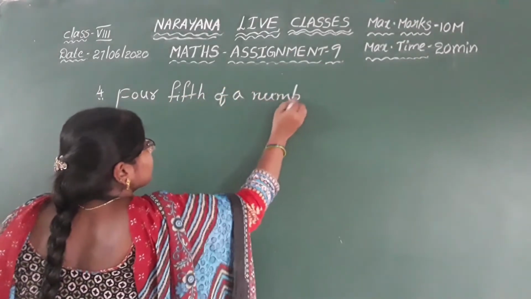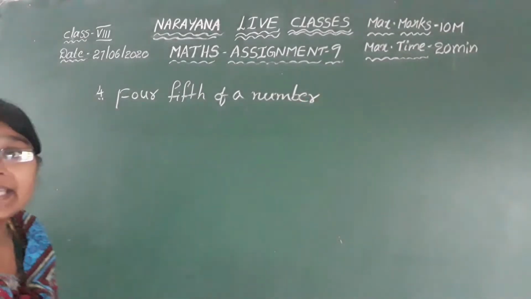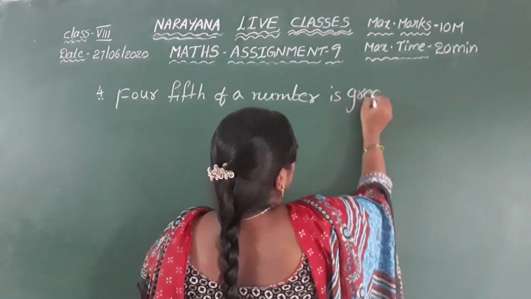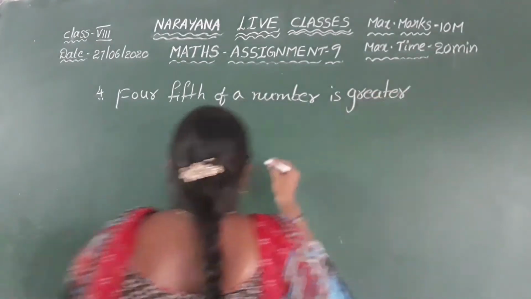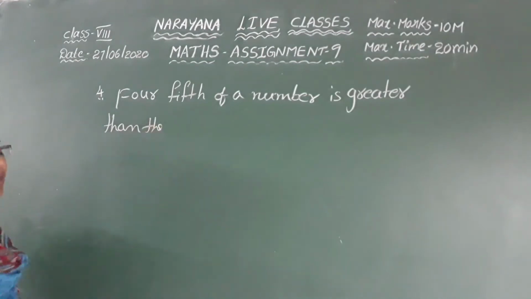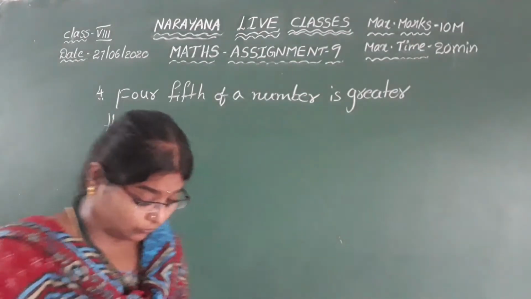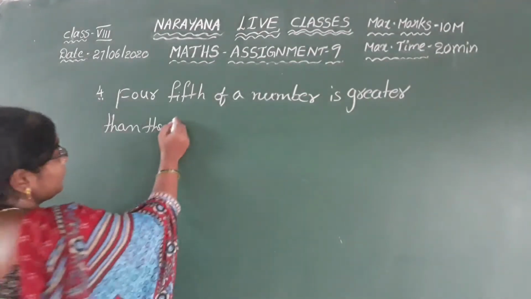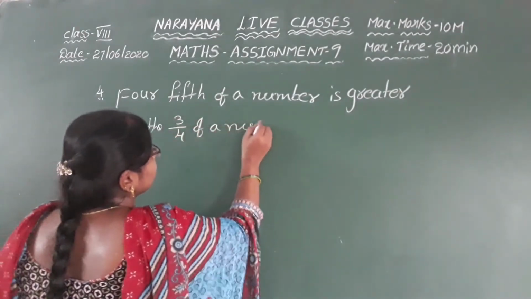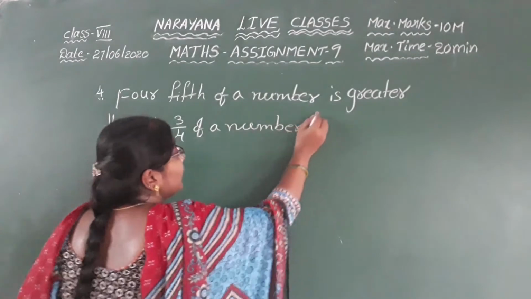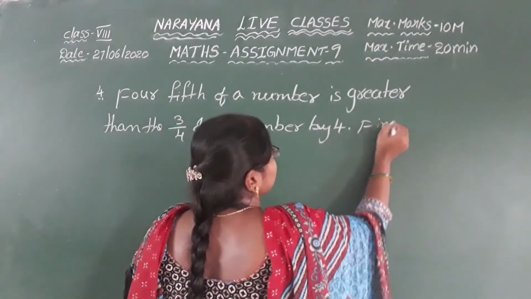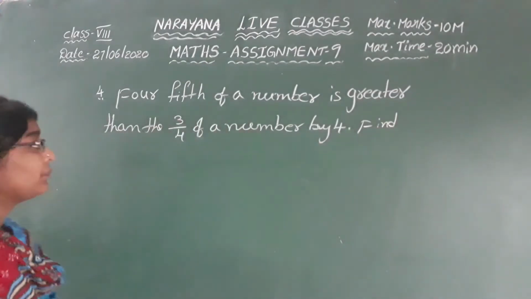4/5 of a number is greater than 3/4 of the number by 4.